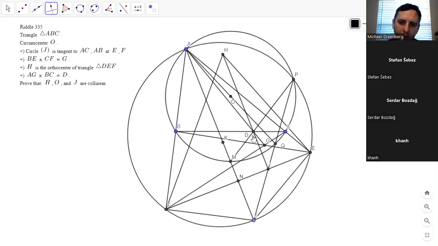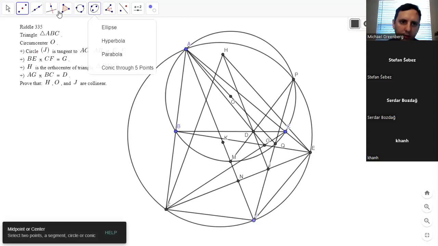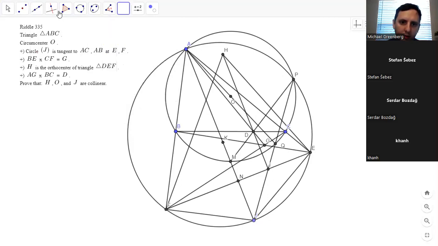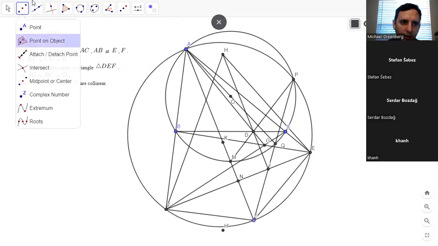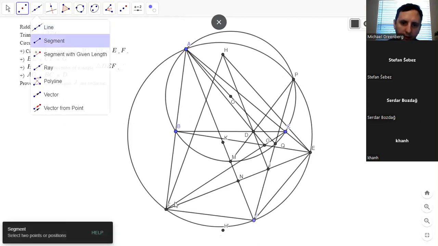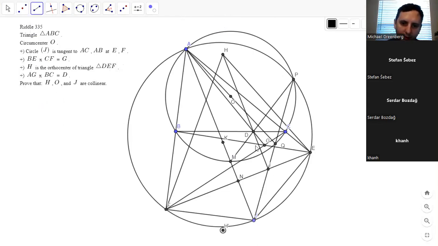Oh, you know what? I wonder if there's something special about the antipode of H. Because this is the other way we could use that D as the orthocenter. To take the antipode of H, and then D, N, and H prime are collinear. I like trying to use that fact.